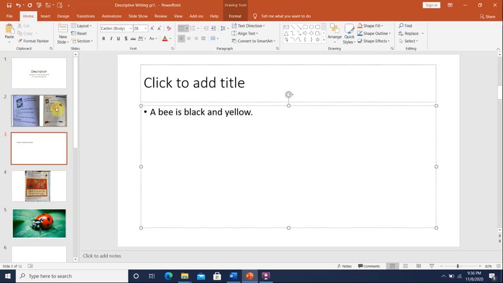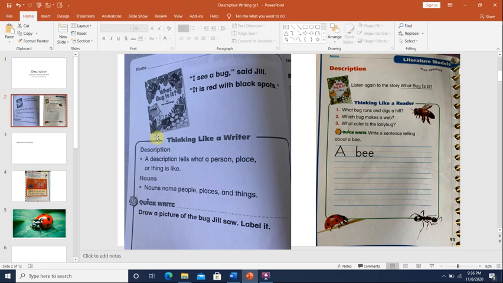What else? If you have any ideas, you can write anything. If you know more details about bees, you can write anything. From here, you can say that it is a bug. A bee is a bug with black and yellow stripes, for example.